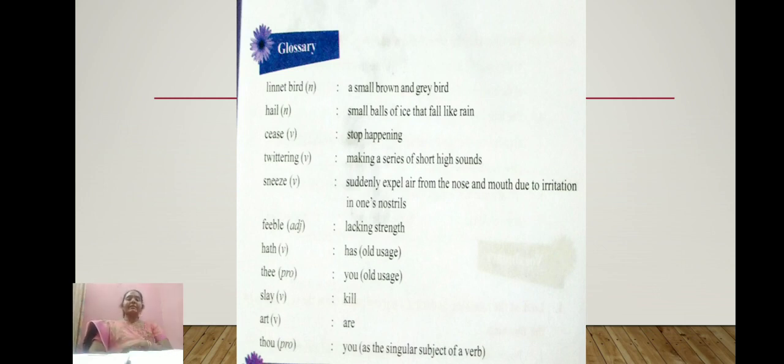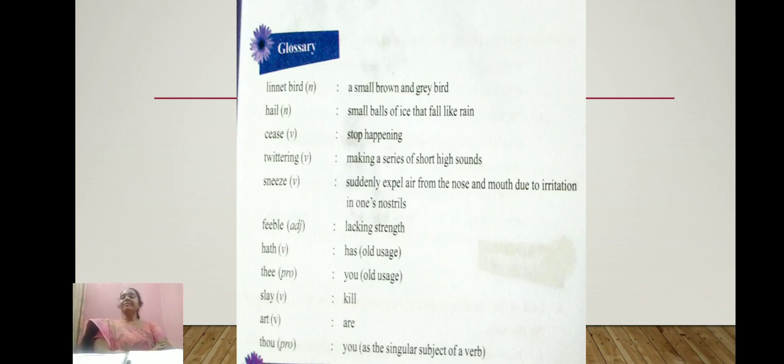All of you open page number 43 and look at the glossary. The first one is linnet bird. Linnet bird means a small brown and grey bird.